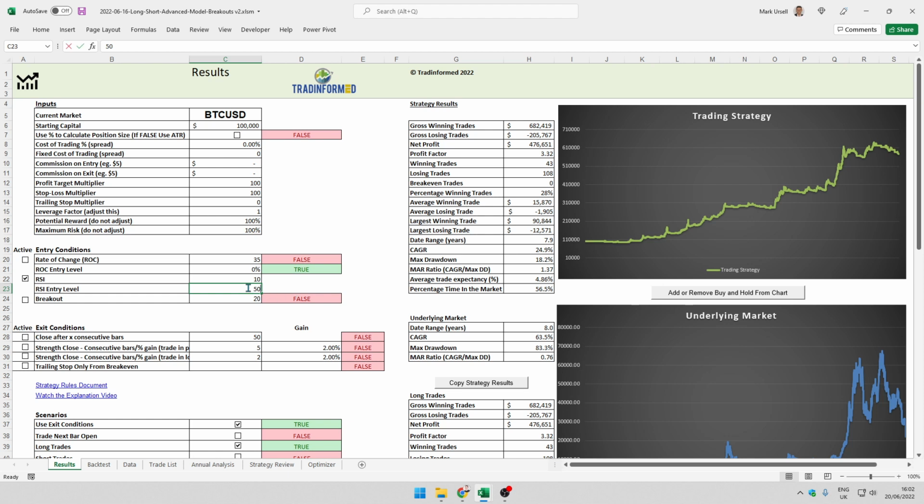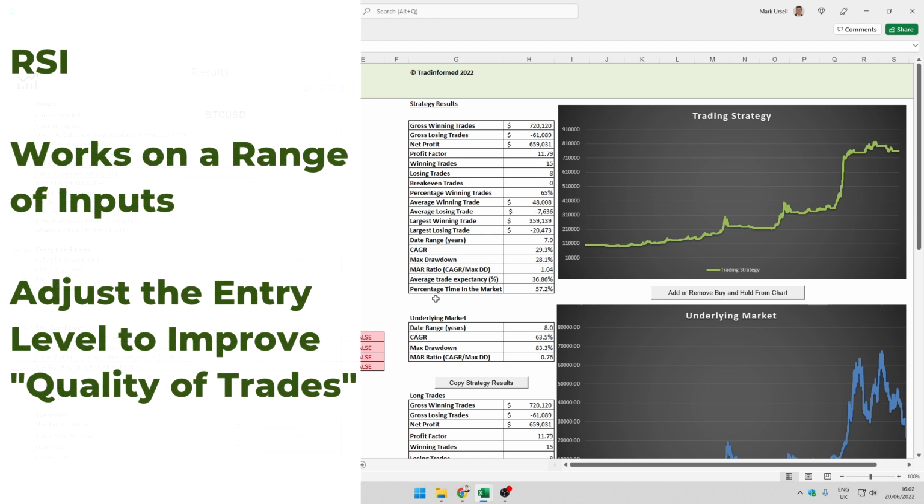And we can also adjust the entry level and see the results as well. You see, once again, when I move the entry level higher, we are getting a much higher trade expectancy, but much fewer trades.